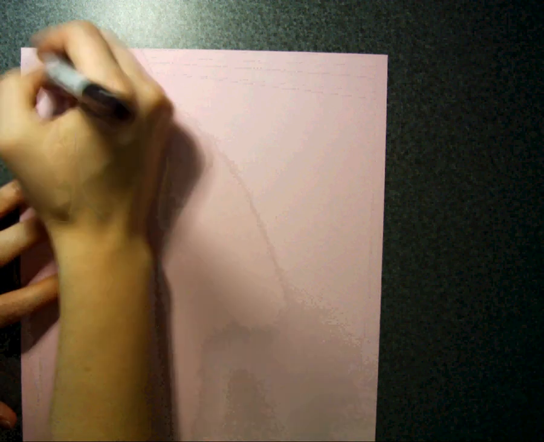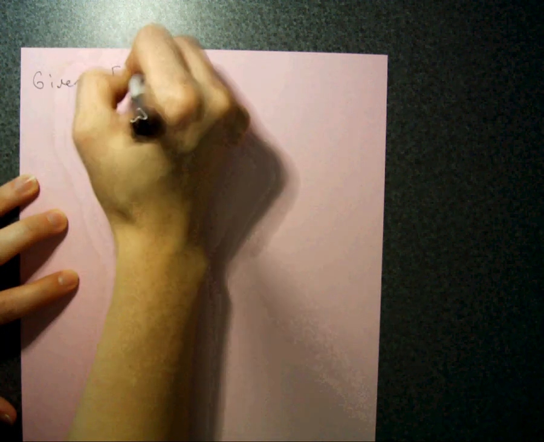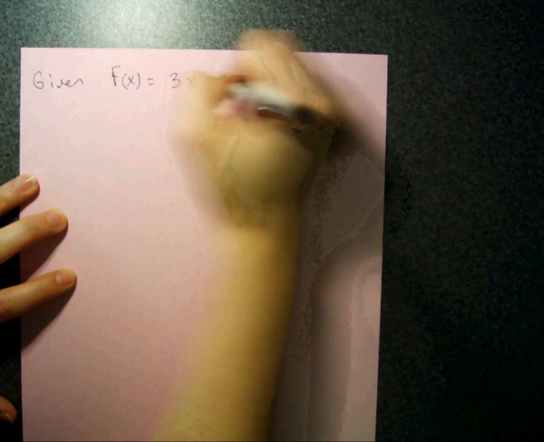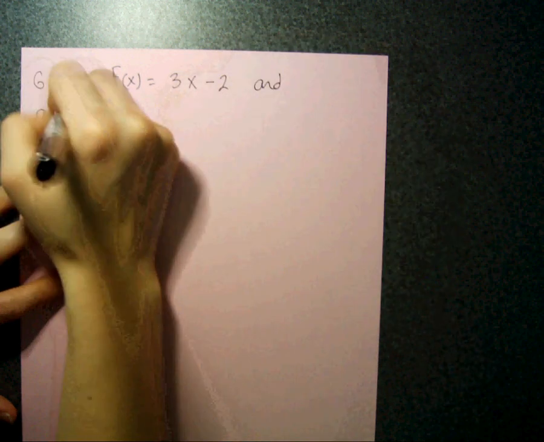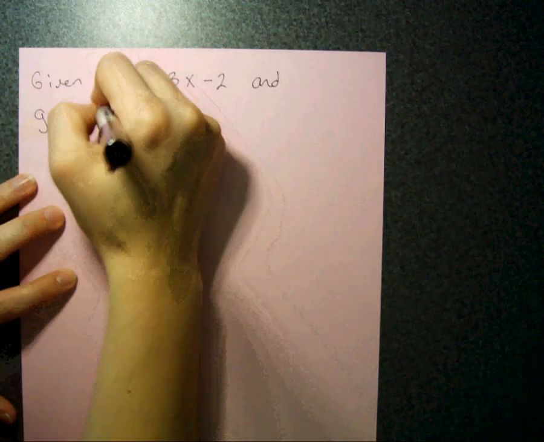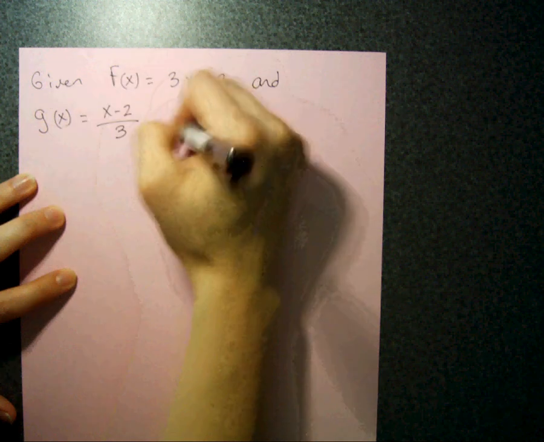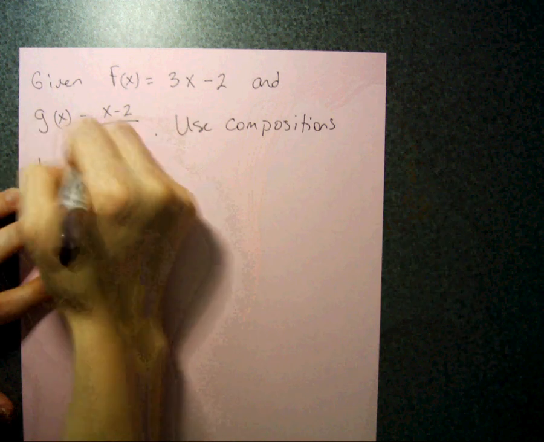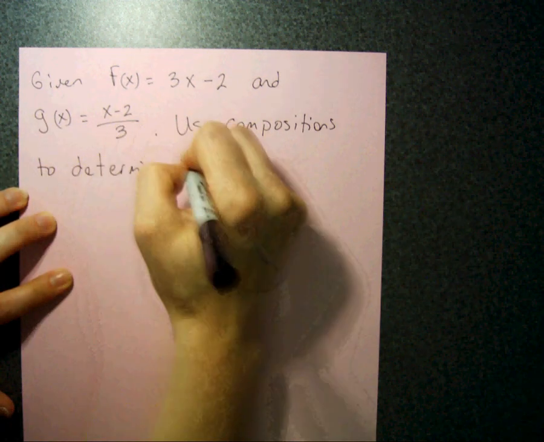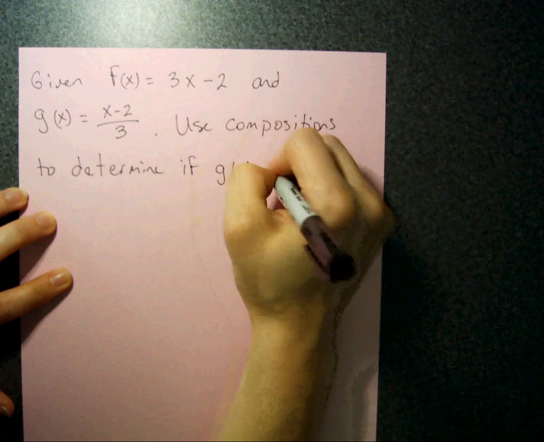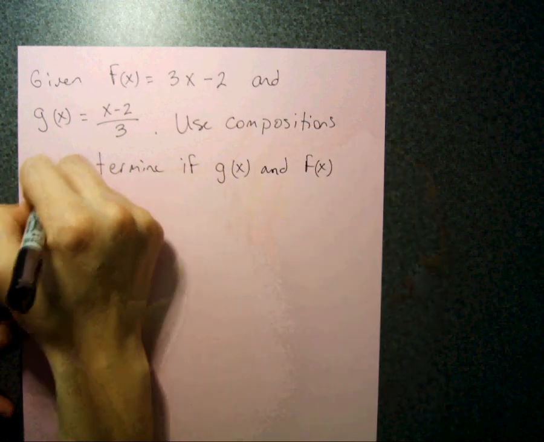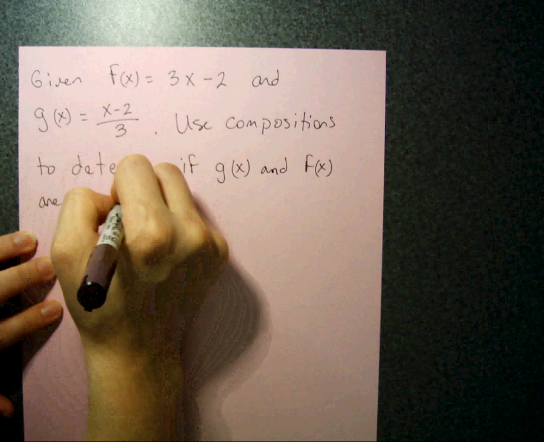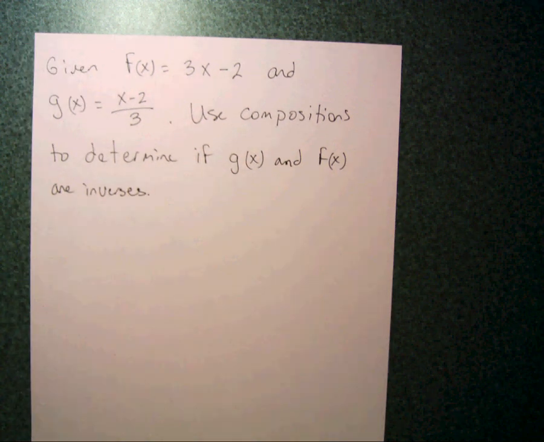All right, let's do one more example. Let's say I'm given f of x equals 3x minus 2, and g of x equals x minus 2 over 3.